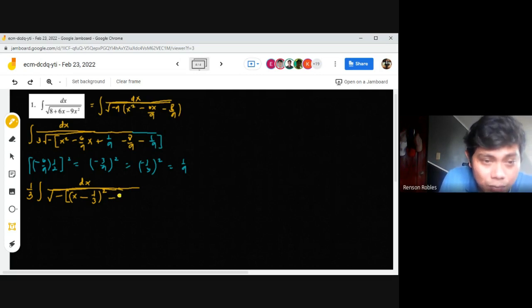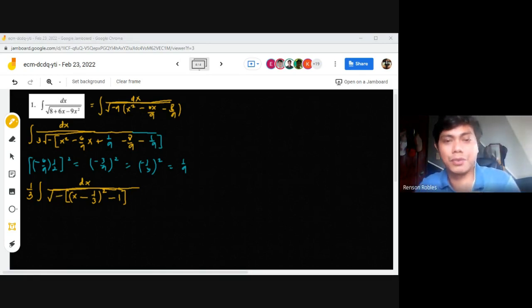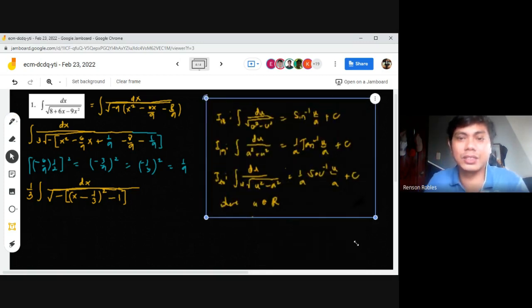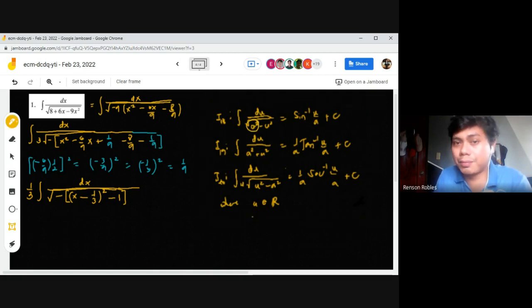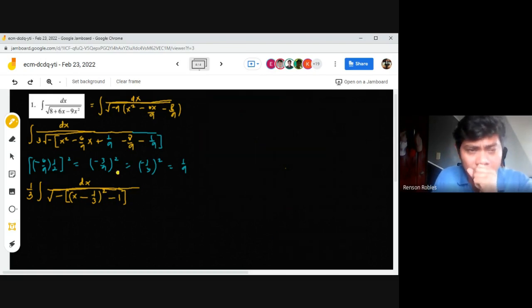So that's negative 1. The next step is to introduce again this minus, because according to the formula, our goal is to make it under the arcsine, so the constant term comes before the expression, the variable u. That can be done when you introduce the minus sign to each term inside.